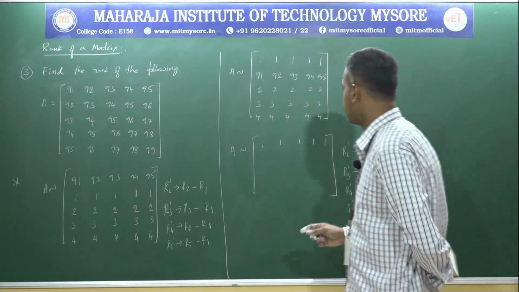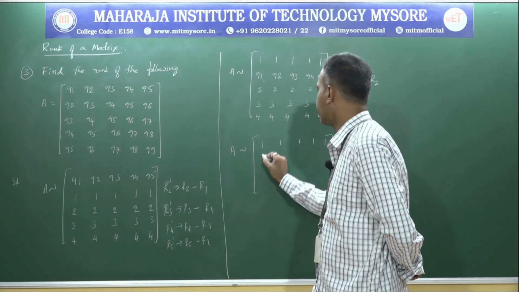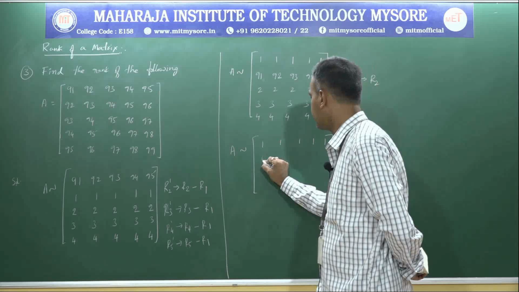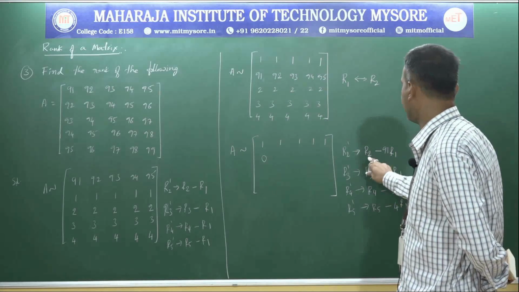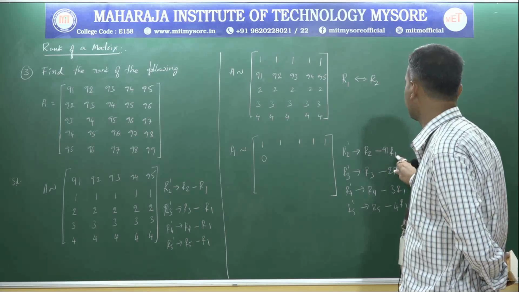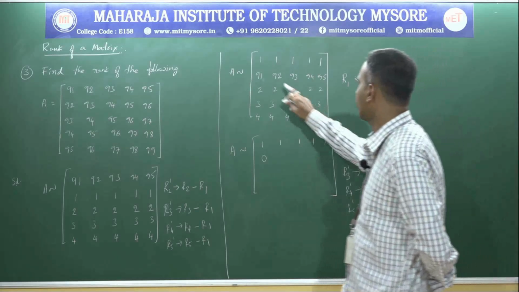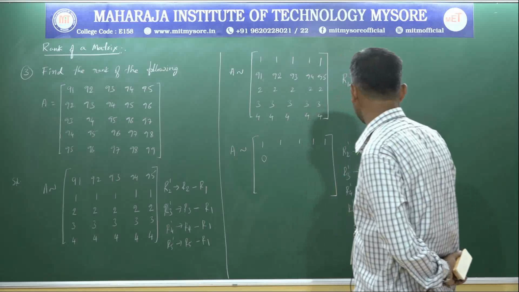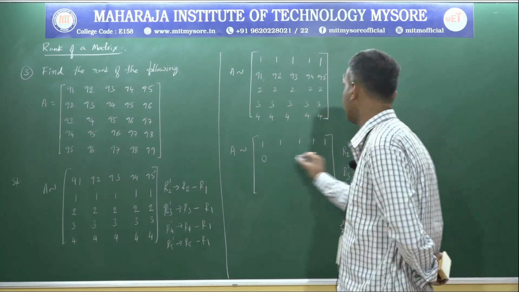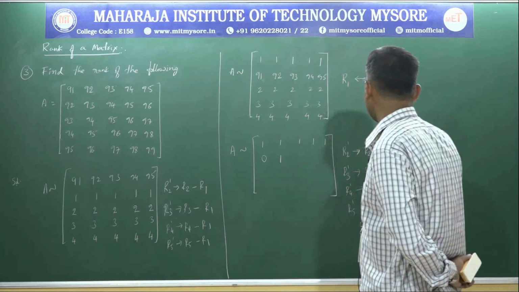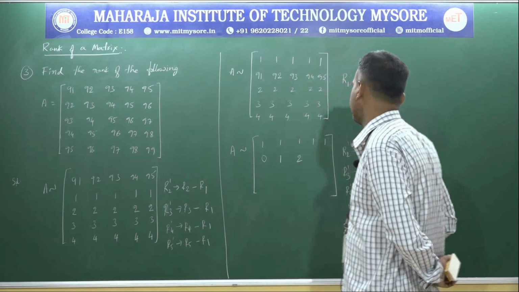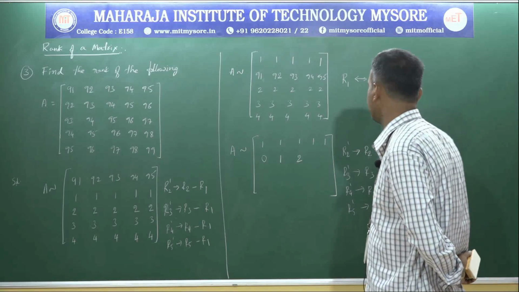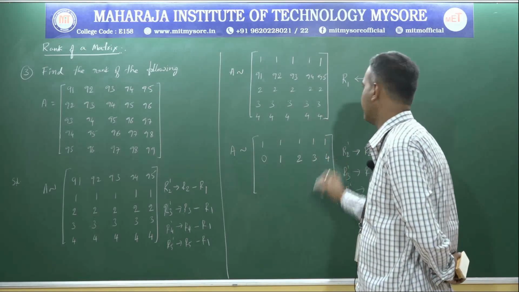Now what about the next one? We can denote 0. Next, R2: 92 minus 91 into R1, so 92 minus 91 means here 1, 93 minus 91 means here 2, 94 minus 91 means here 3, next one 4.